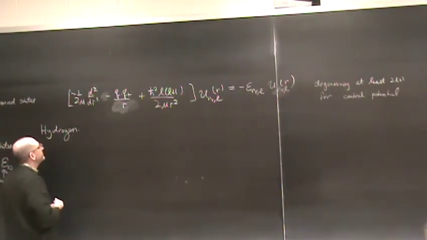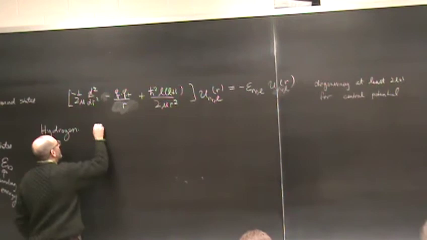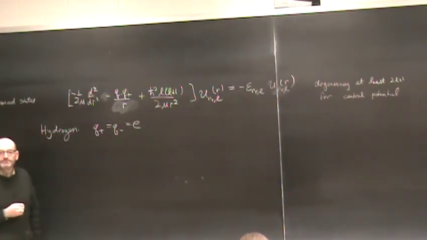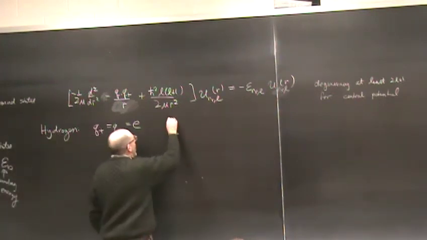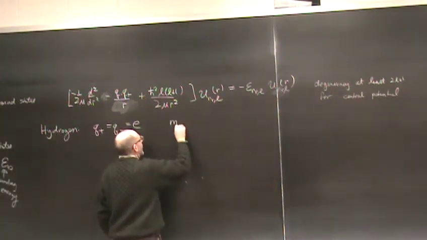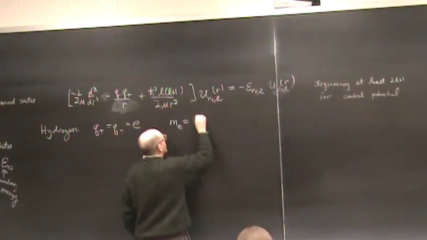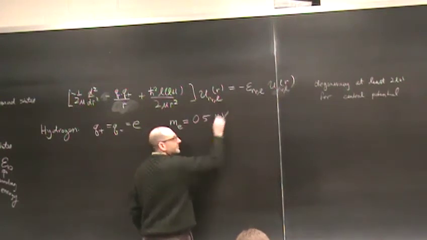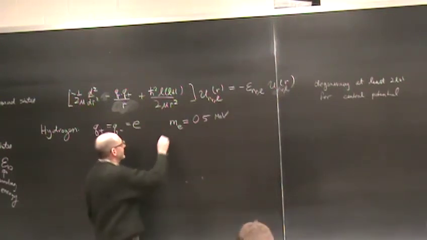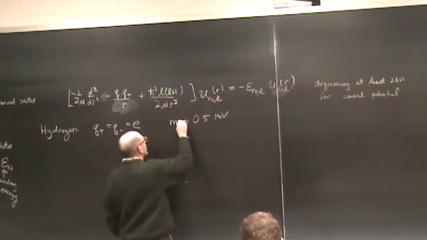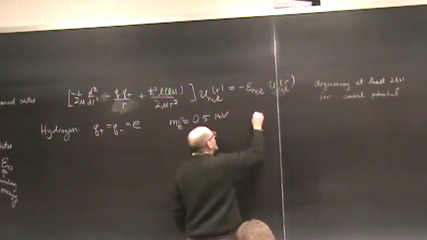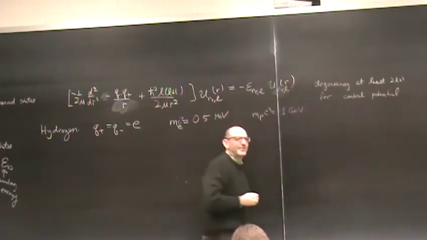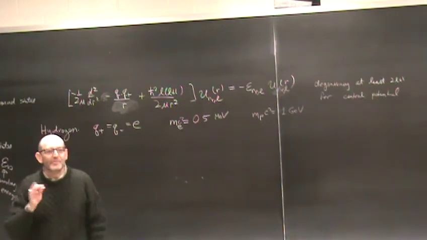So in hydrogen, Q plus equals Q minus is E. Okay? And the mass of the electron, what is it, half an MeV over c squared? And the mass of the proton is a GeV, I think. Don't remember. Roughly, yes. More or less.